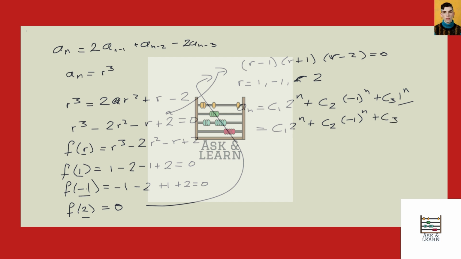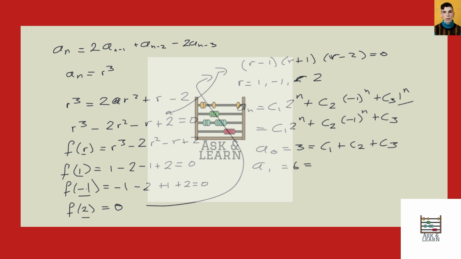Now we use the initial conditions. a sub 0 is equal to 3. Substituting n equals 0 into this equation, you have 3 is equal to c sub 1 plus c sub 2 plus c sub 3. And then a sub 1 is equal to 6.